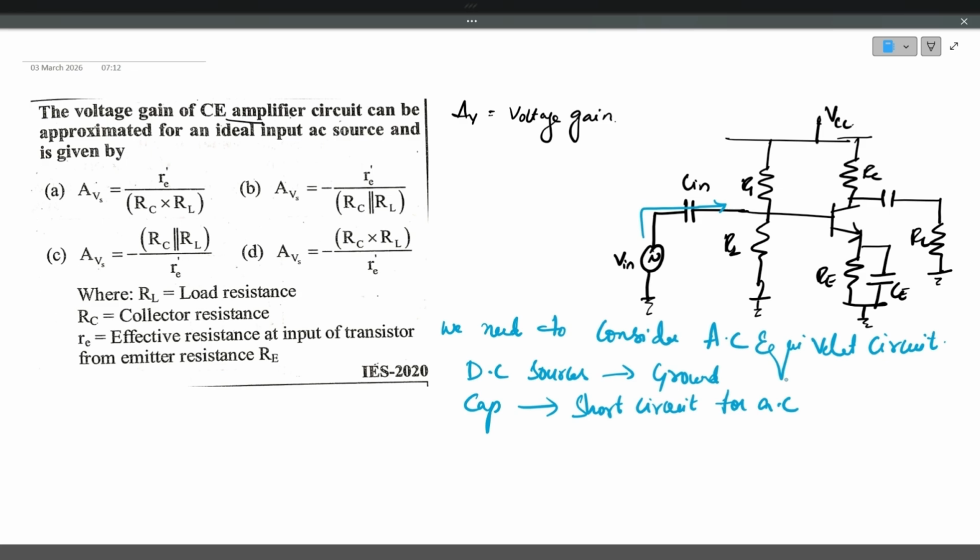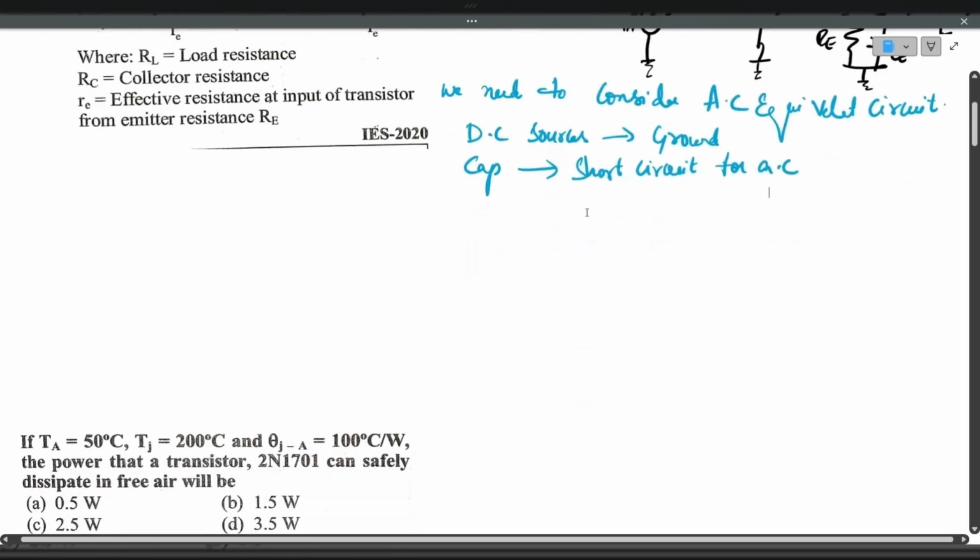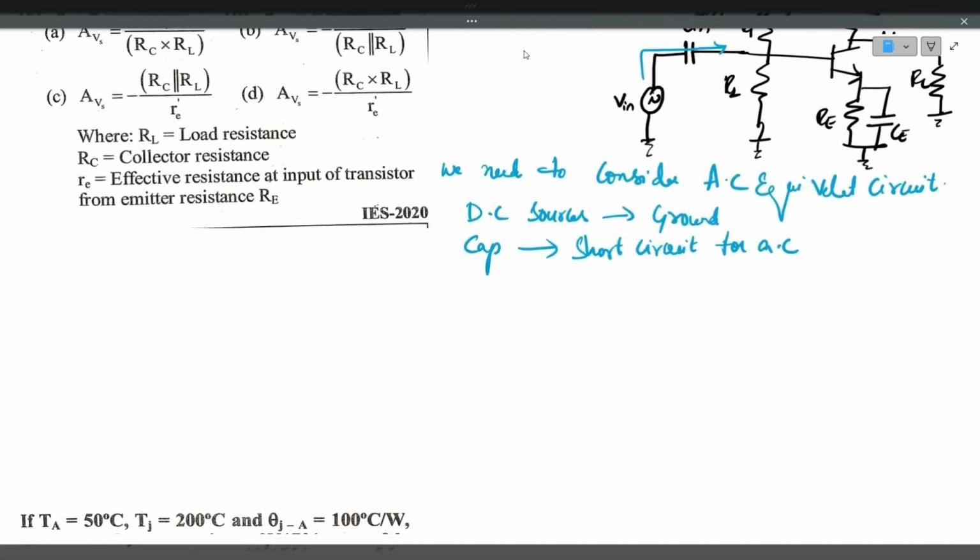So if you redraw the same diagram with these conditions, you will get the diagram like this. Both R1 and R2 will come in parallel with each other. And then comes the transistor. There will not be any emitter resistance here because the CE is there. The emitter capacitor will be replaced with short circuit.